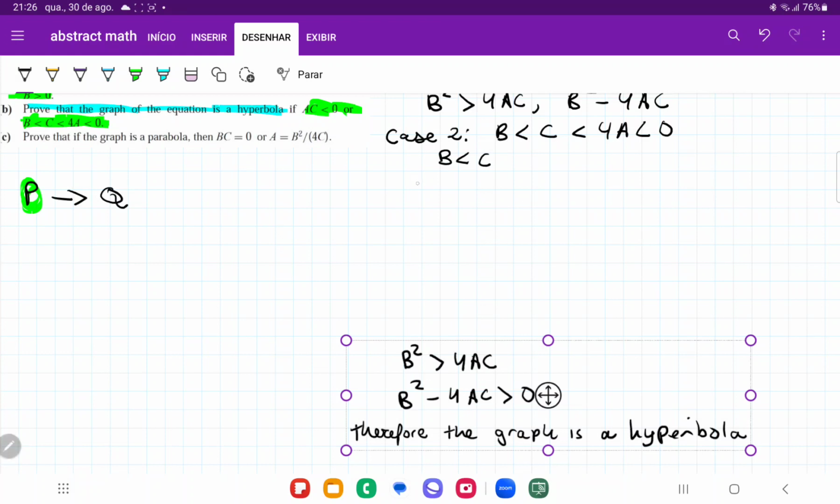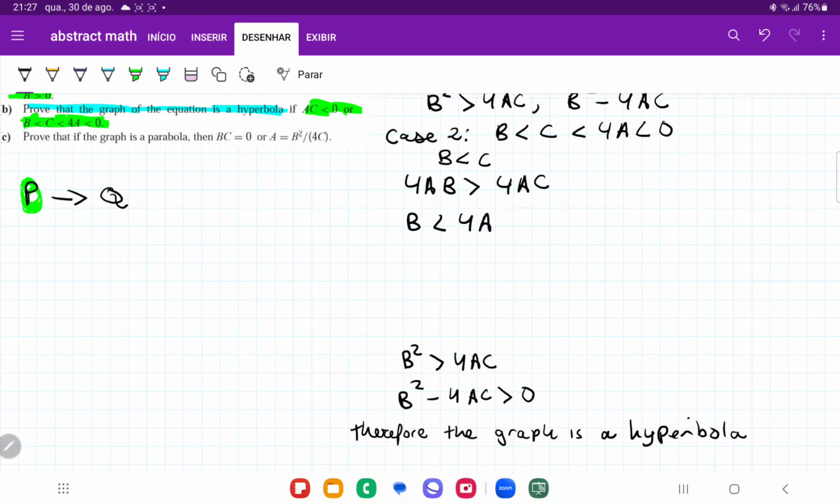And so I have that, let's see, 4AB is greater than 4AC. So that's my first part. I do have 4AC. And now let's look at it in a different way. So I have that B is less than 4A, right? Now let's try to get B squared here.